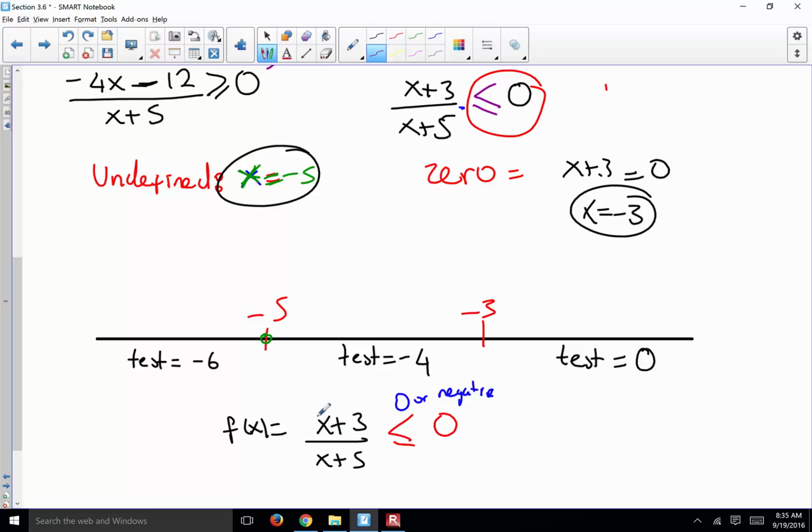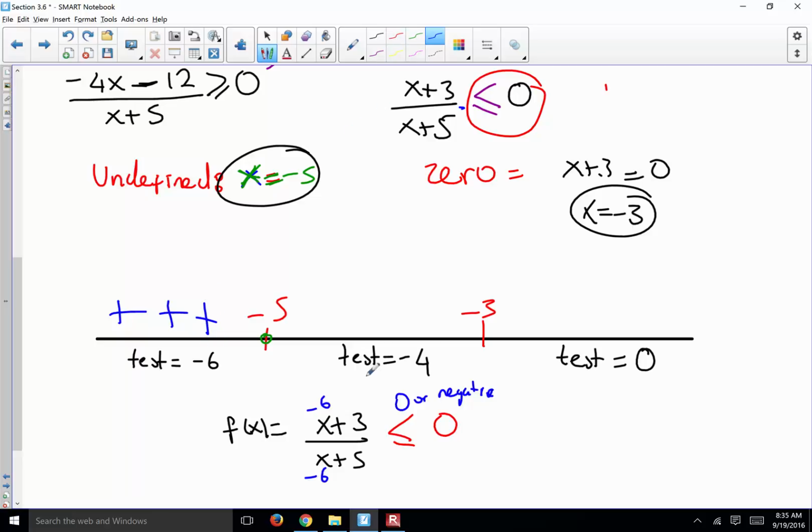For -6, I'm testing -6 now. -6 plus 3 is negative. -6 plus 5 is negative. And when you divide negative by negative, it makes positive. Just take a number and compute this if you wish. It's -3 over -1, which is +3. So when you enter -6, it's positive.